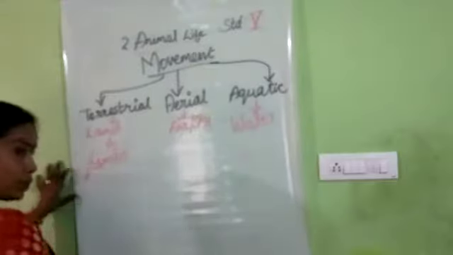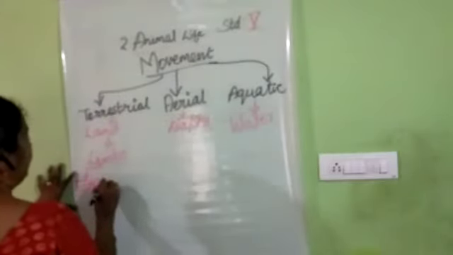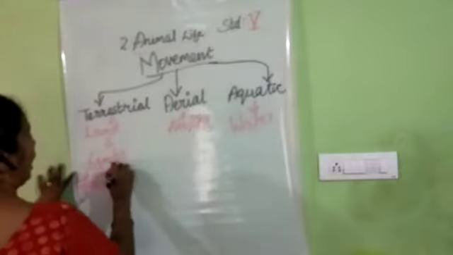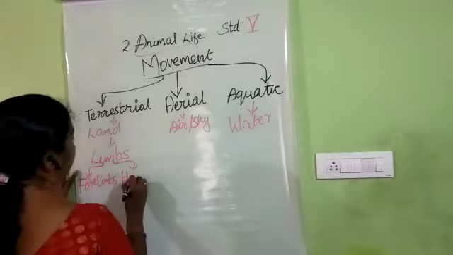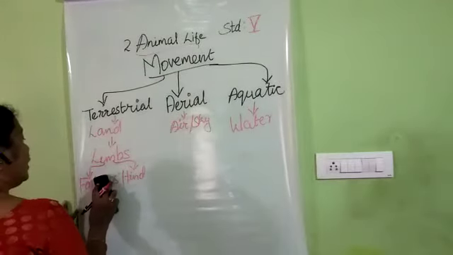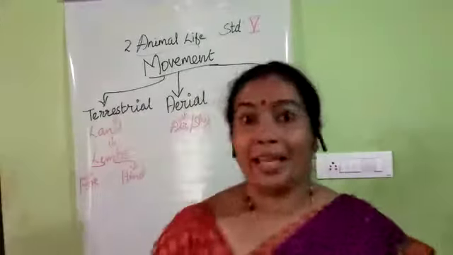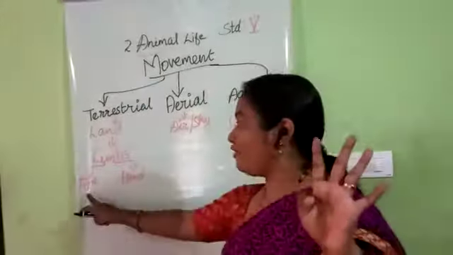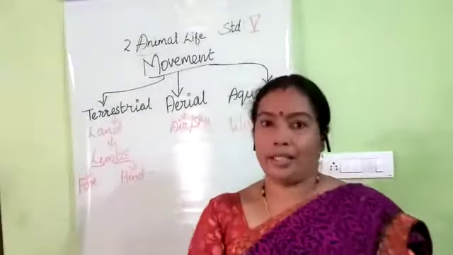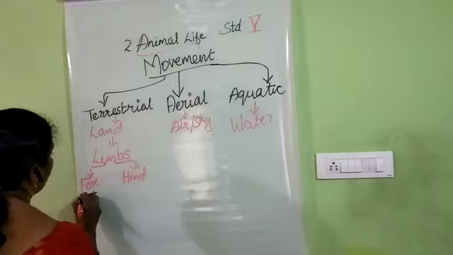The front limbs are called forelimbs, F-O-R-E-L-I-M-B-S, and the back ones H-I-N-D, hind limbs. Fore means front, F-R-O-N-T, front limbs.